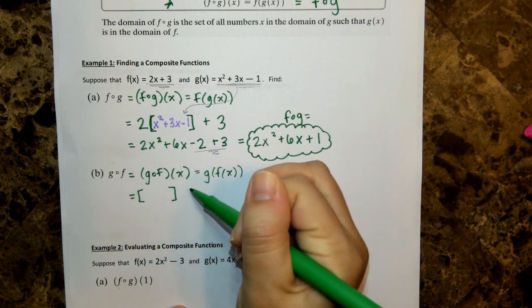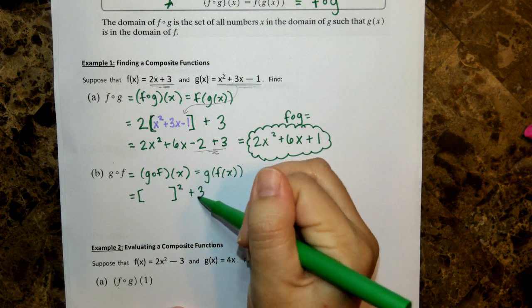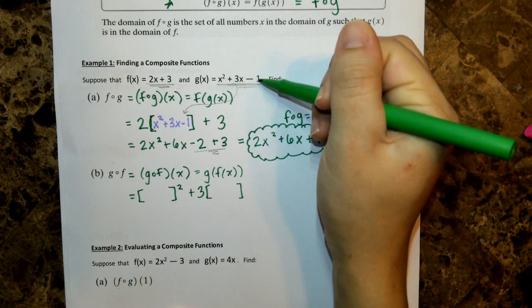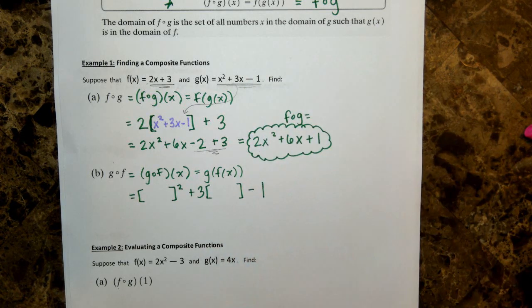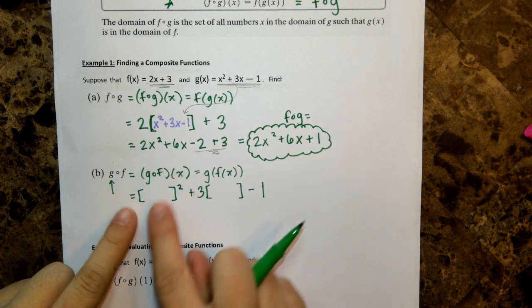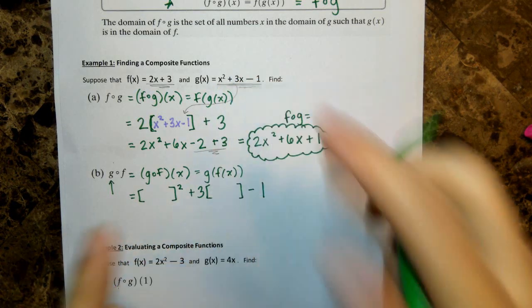Blank squared, plus 3. Instead of x, I'm going to just write these empty brackets. And then minus 1. So what I did is I took my g function, and instead of x, I put blank squared plus 3 blank minus 1.